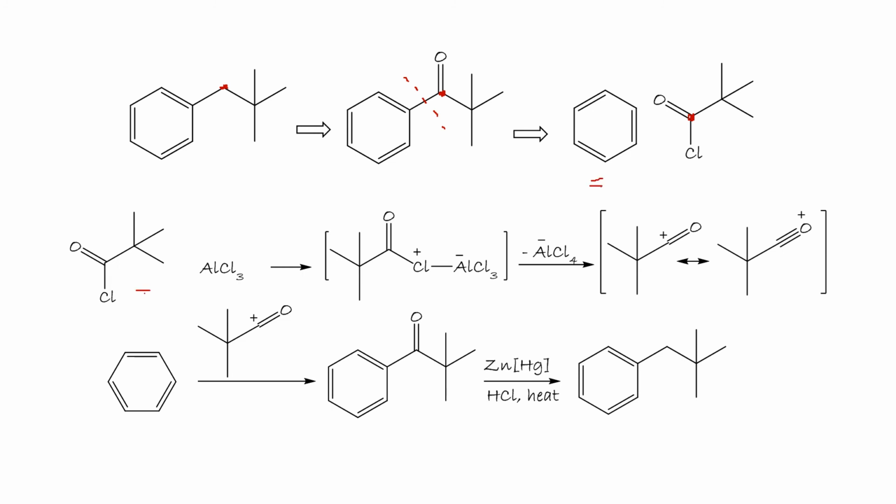Take this compound, aluminum chloride, form the complex, dissociate that, forming an acylium ion, with no rearrangement, that will react with benzene to form this ketone, which is methyl tertiary butyl phenyl ketone, common name. Then treat that with zinc amalgam, HCl, heat up, and you get the compound. You just convert this to CH2.